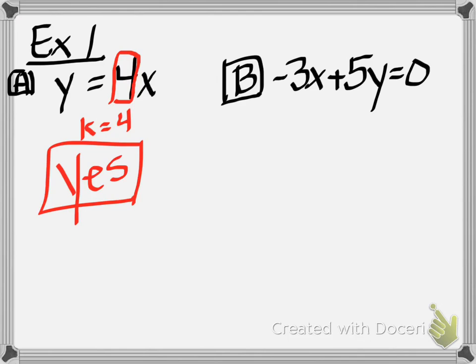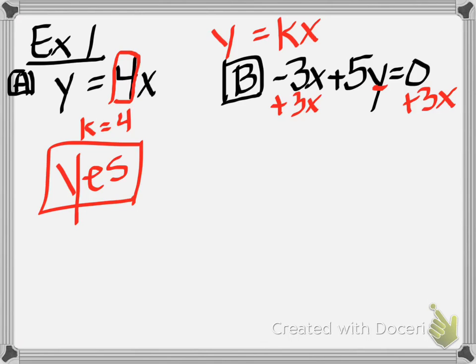In example B, negative 3x plus 5y equals 0. It's not in the form y equals kx, so I have to manipulate the equation into that format. I want to isolate y. My first step is not to divide by 5, but to do the inverse of subtract 3x, which is add 3x to both sides.